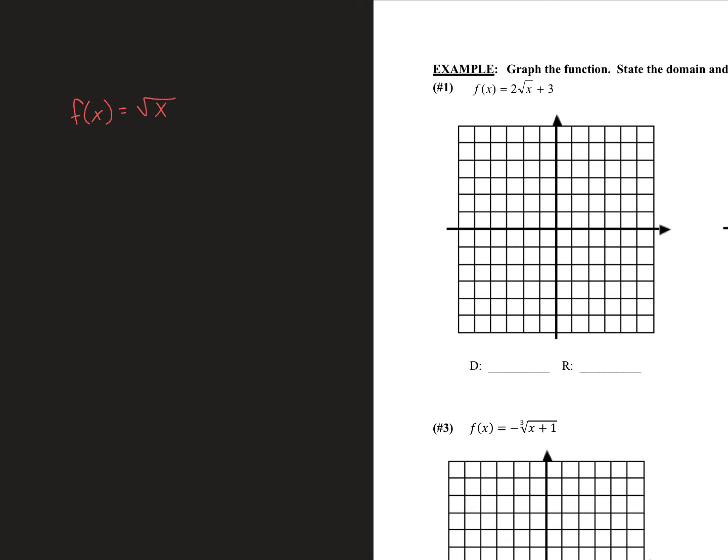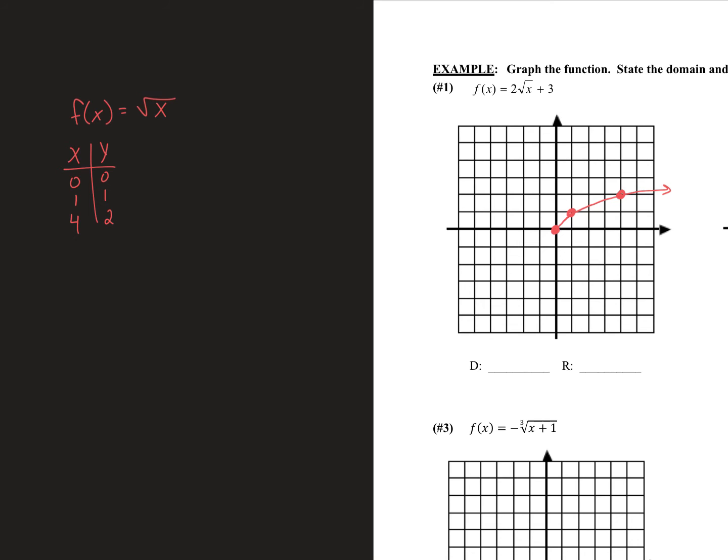We did this on the first page, so I won't spend a ton of time on it. Basically, our values for x are going to be 0, 1, and 4. We plug those values back into our function, and we get 0, 1, and 2 in return. So if I graph this parent function, I'm going to go here: (0, 0), (1, 1), and (4, 2).